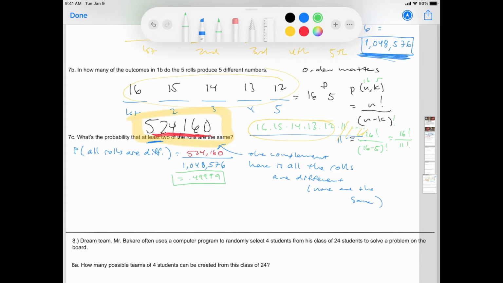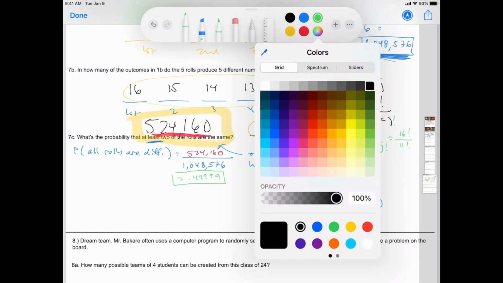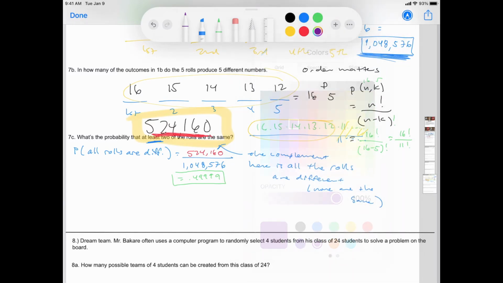Okay, so then getting the probability that at least 2 rolls are the same is just 1 minus the probability that all the rolls are different.